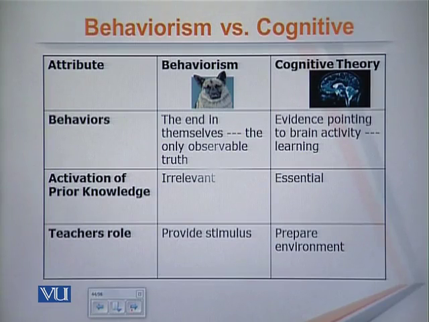And in cognitive psychology, it is preparing the environment. You must prepare the environment, you must have the materials, you must have the activities, you must have whatever the student needs to be able to think in the classroom. So, stark differences between the two major groups of psychological foundations of education.